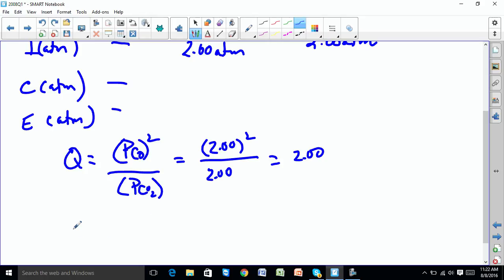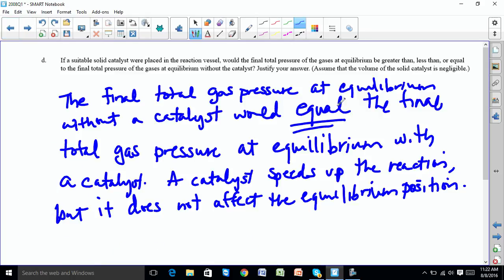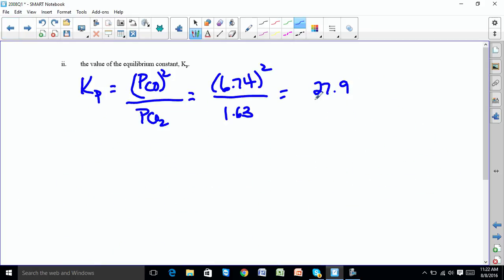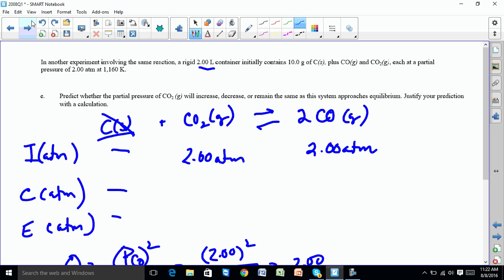And what you need to know is 2 is smaller than 27.9. We figured out back here that the equilibrium constant was 27.9 for this problem. Remember, the equilibrium constant is a constant provided you don't change the temperature, and the temperature is the same.